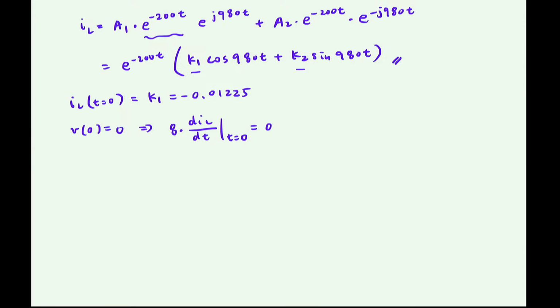Okay, so di dt when t equal to 0 is equal to 0. Okay, I'm going to write it out, the differentiation of this part.